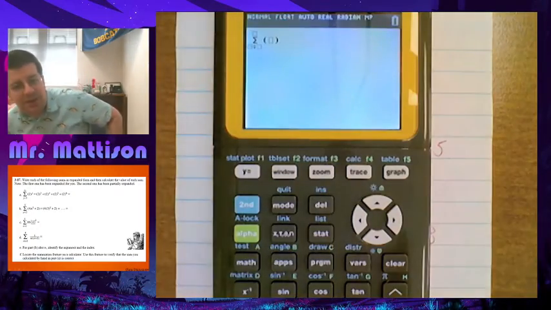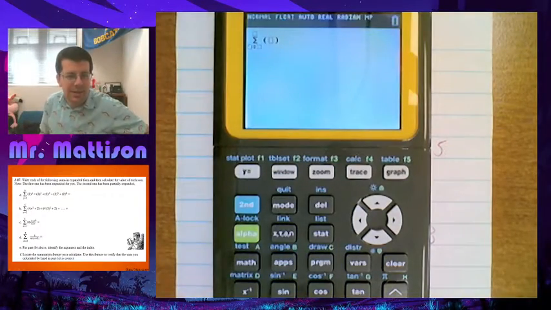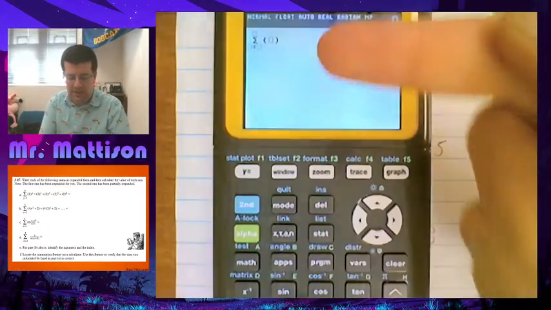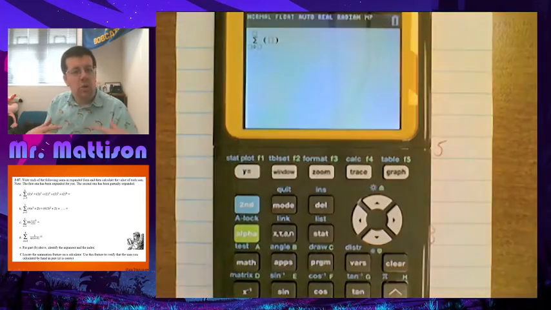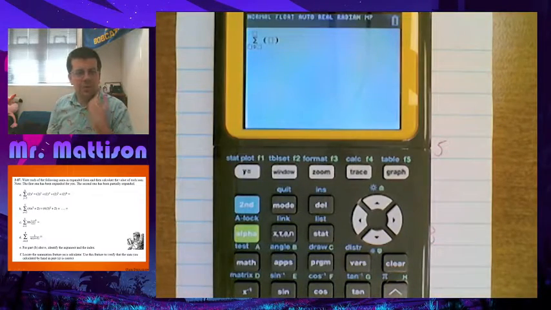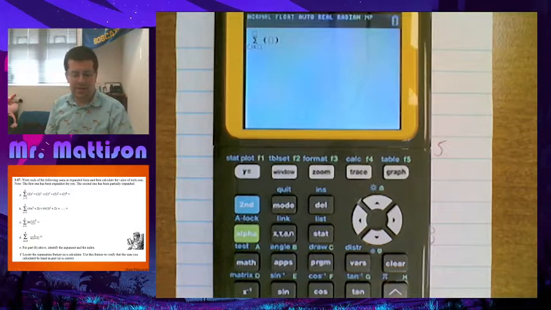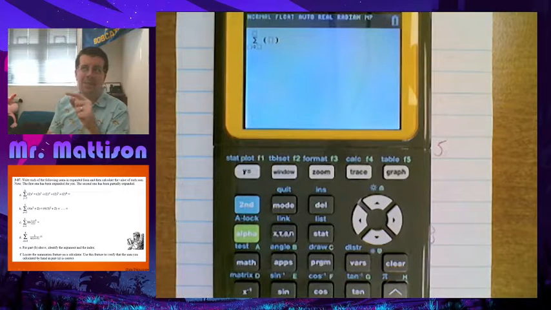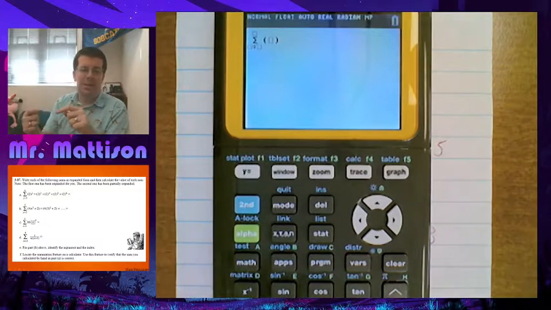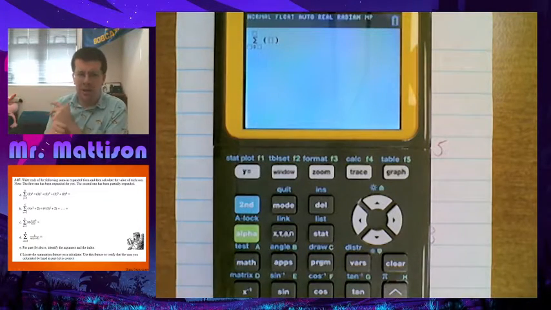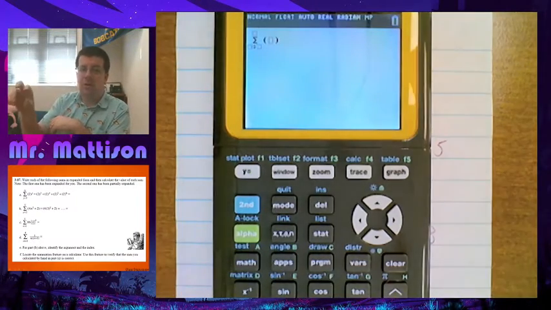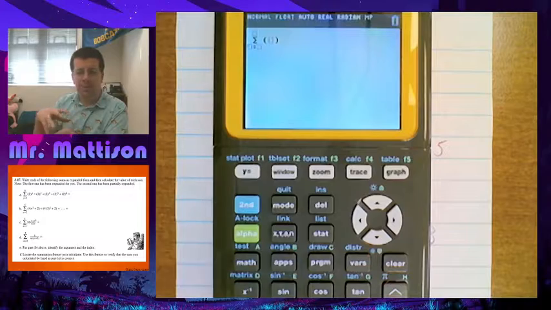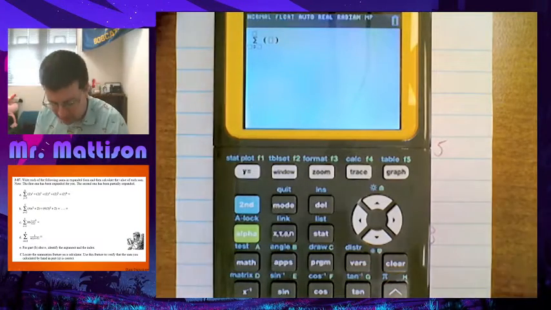Nice thing about these ones is it gives it to you where it looks like it should. Older versions of TI-84s or 83s are going to say sum and then parentheses, and you have to put in these values with commas in between them. Look up online what the code is to do that, because you have to put it in the right order with commas. But for ours, you can just follow along here.